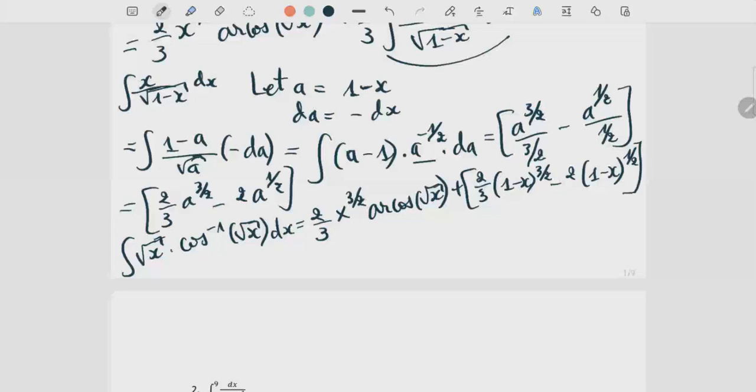So this should be the final answer. I'm not sure if you can simplify it further, but you guys can always play around and attempt to see if you can get any more simplification from there.